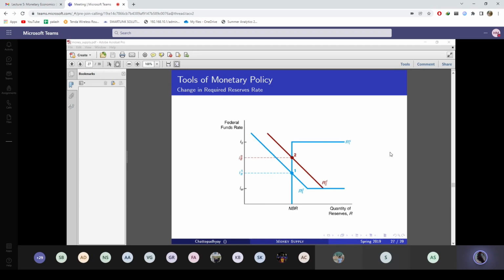Okay, if I need a quantifying analysis, suppose initially the monetary base, high powered money, is 100, and required reserves rise from 0.2 to 0.5.